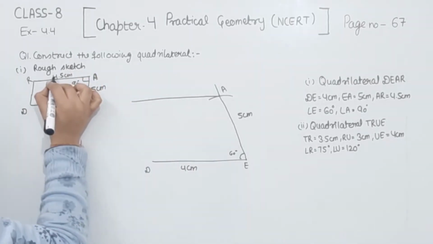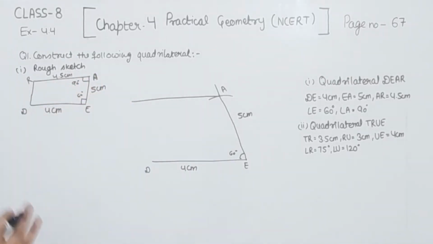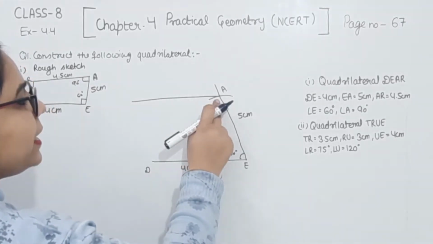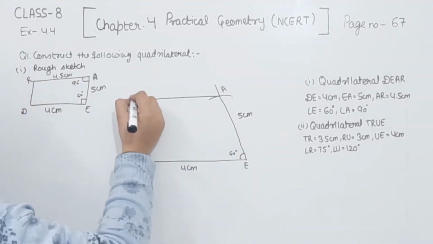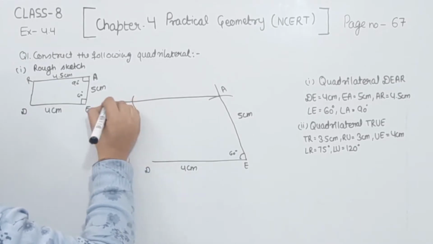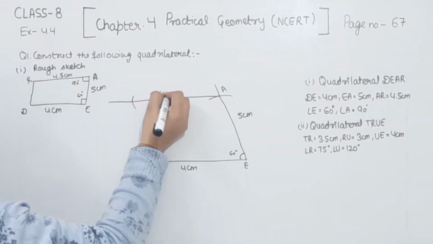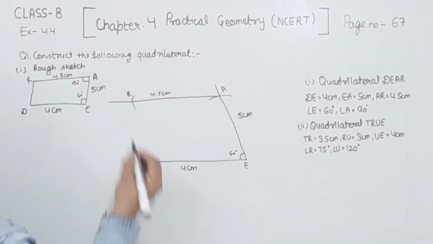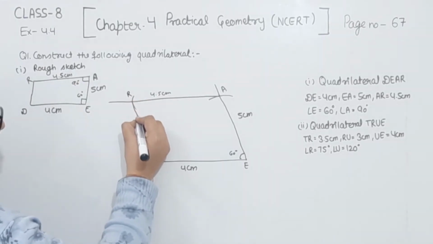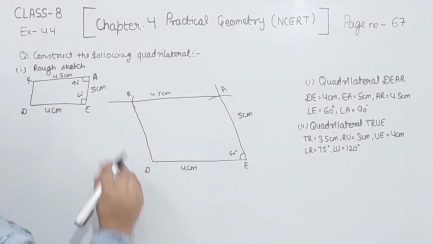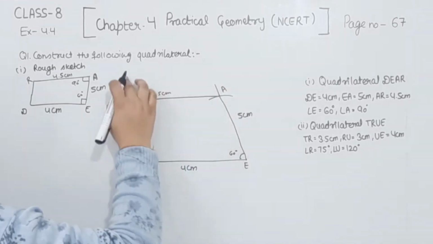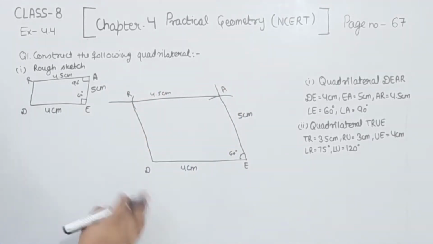Now we are going to take 4.5 measurement on the compass and A as the center we are going to draw an arc. So suppose this is the arc we are having. From here to here, this one is the 4.5 centimeter and this is the point R. Now we are going to join R with the D. So this is the DEAR we are having. So this is the required quadrilateral DEAR.